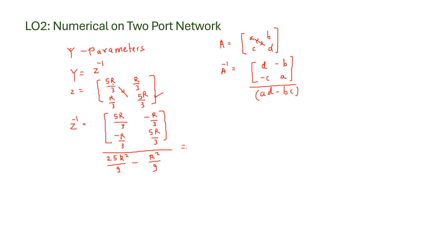So now it will become 5R by 3, minus R by 3, minus R by 3, 5R by 3, divided by 24R square divided by 9.